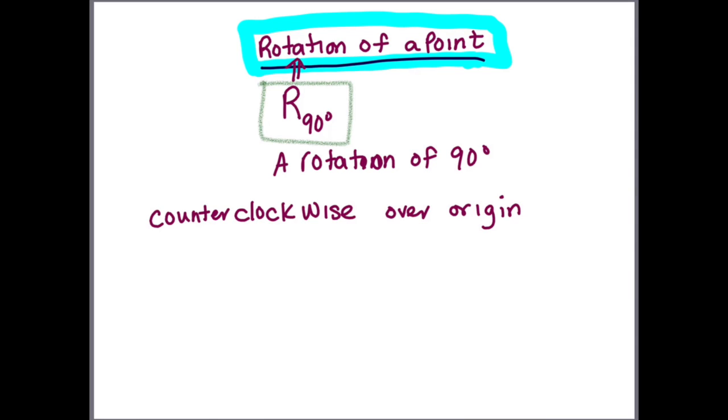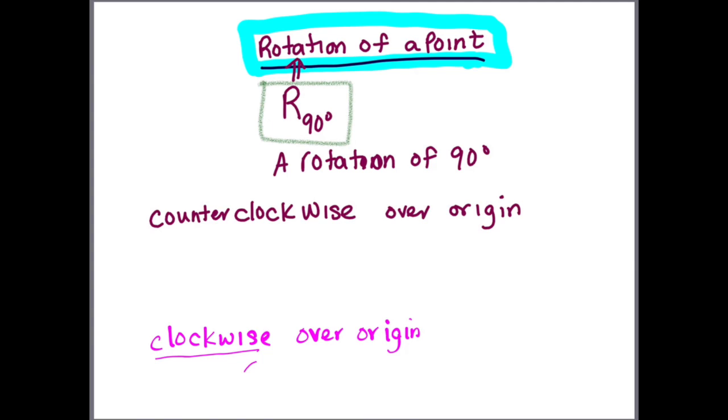So let me just think of a clockwise rotation over the origin. If they ask me for a clockwise, just think of a clock. That's why this is called clockwise.